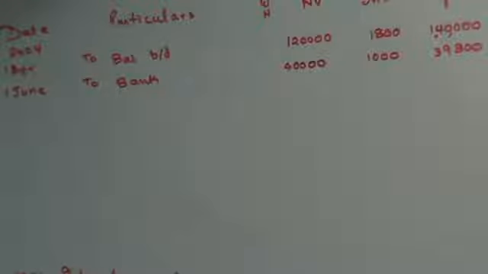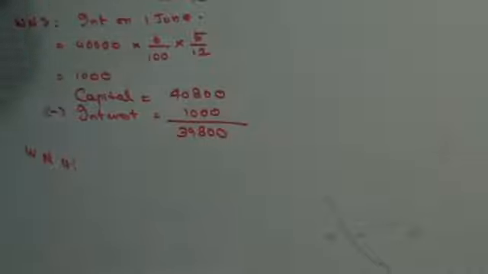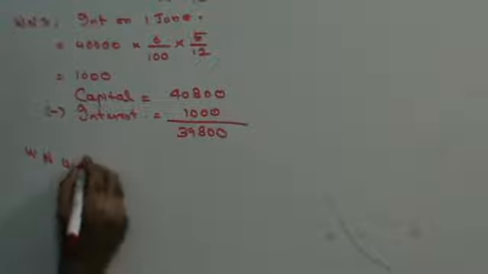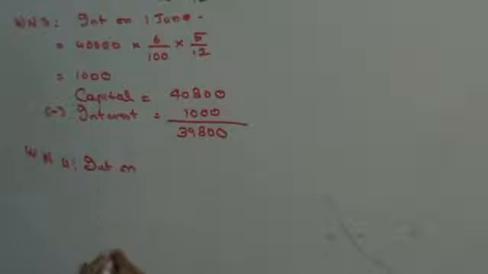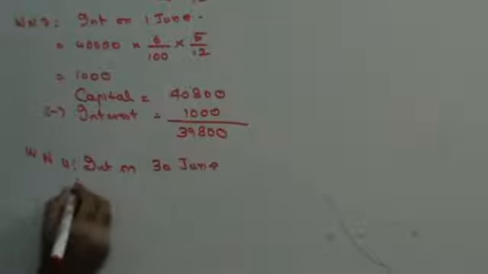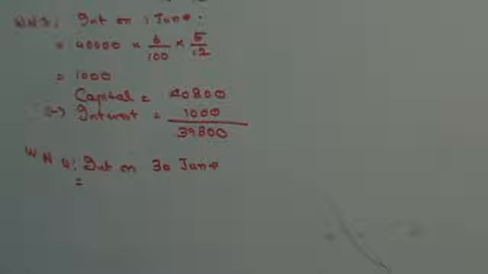Next. 1st November. Now before 1st November, you're going to have 30th June on which interest payment is going to be done. Working note 4. Let's calculate the interest on 30th June. What is the value of securities you are holding?